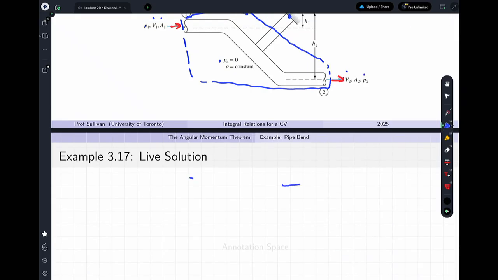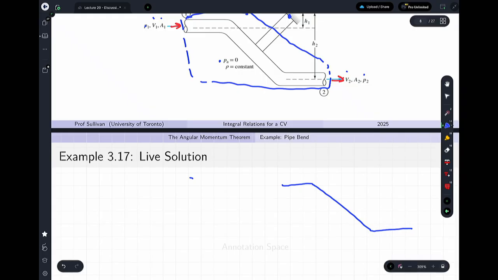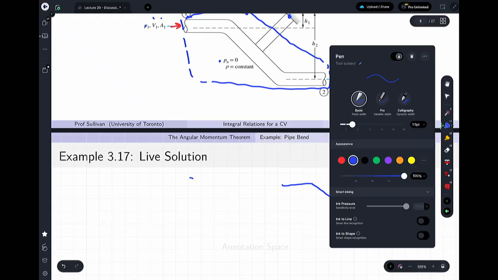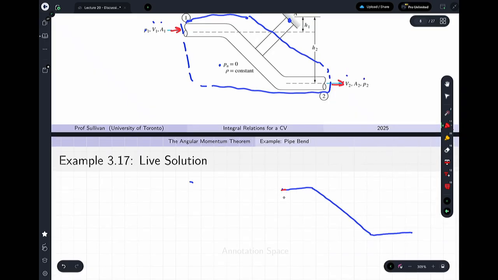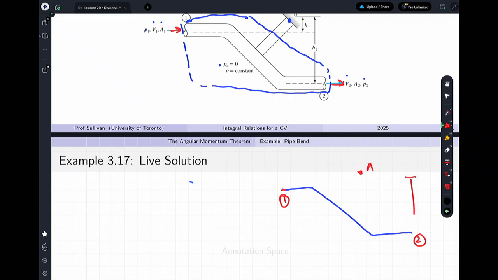I'm just going to draw a very poor schematic of this. I'll call that, I have 1, I have 2, I have A, I have H2, and H1.